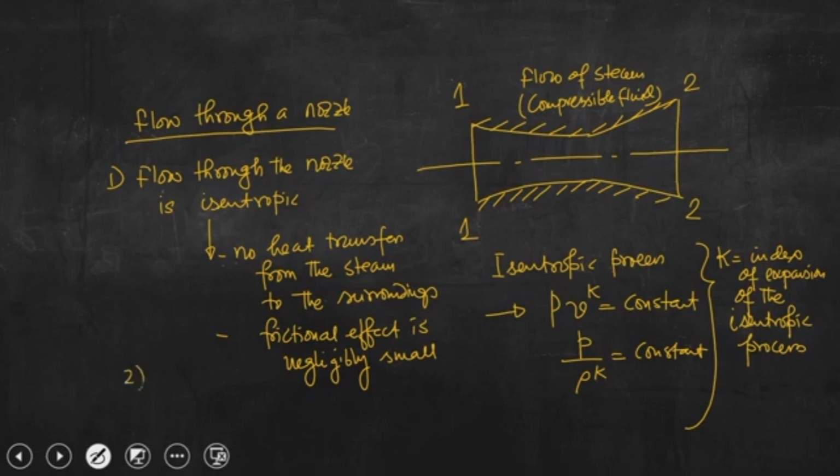We can write this flow is one dimensional, right. So, we assume the flow is 1D, and number 3 is steady state analysis, steady state flow analysis.